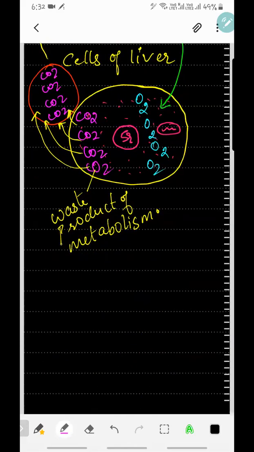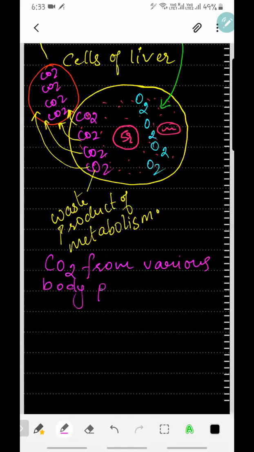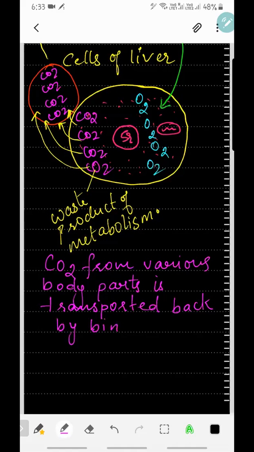So we can write here: CO2 from various body parts is transported back, binding again with hemoglobin.